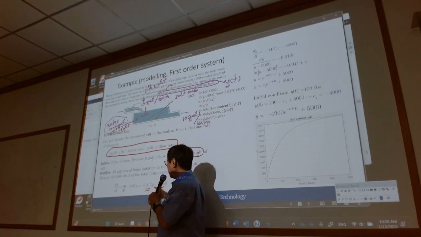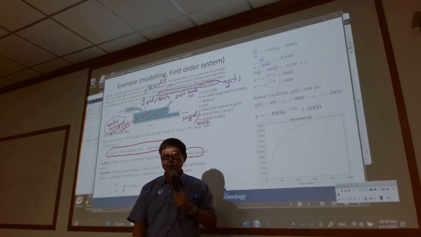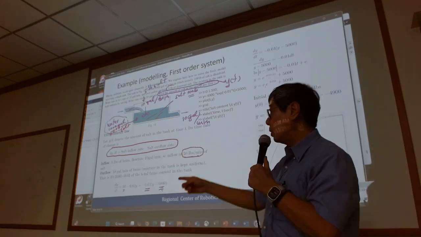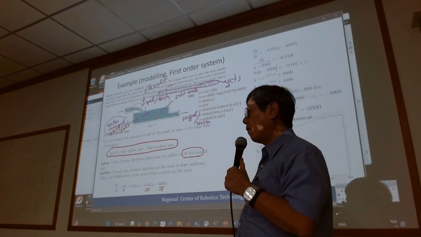This is a first order differential equation, so in this case you need to solve for y.